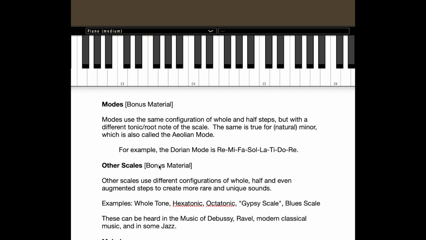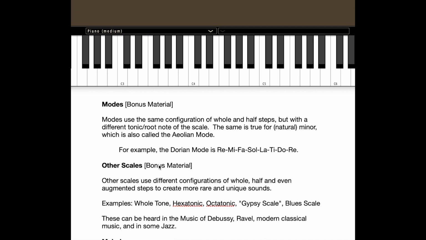So on the keyboard, that would look like this. It's often used for dream sequences and underwater sequences in stories and movies. It's called the whole tone scale. You'll also hear it in the music of Claude Debussy and Ravel, and some jazz music as well.